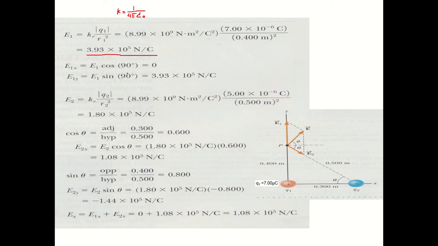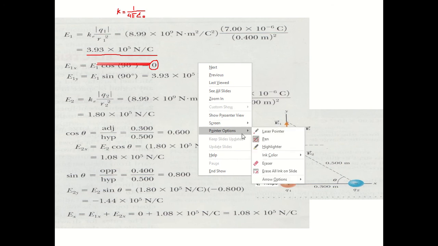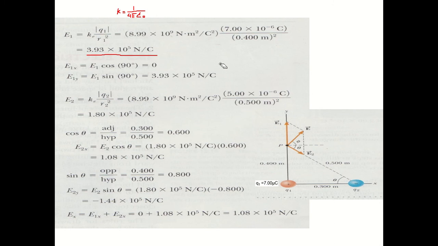Then finding the x component of E1. So this is our E1, class. Since this is 90 degrees, Ex is E1 cosine of 90, that is equal to 0. But we can get the vertical component of E1. The vertical component of E1 is simply E1 multiplied by sine of 90.